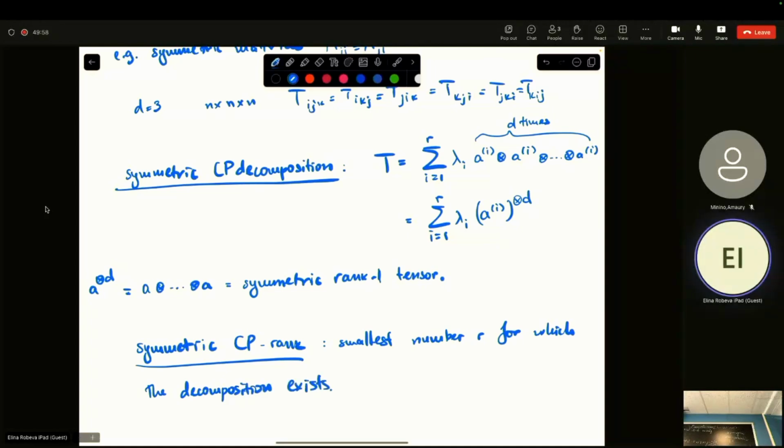Okay, so I think maybe I'll stop here, because tomorrow I'll talk about another example, and there we'll see a symmetric CP decomposition. But perhaps it's good to stop here and maybe take some questions, if there are any.